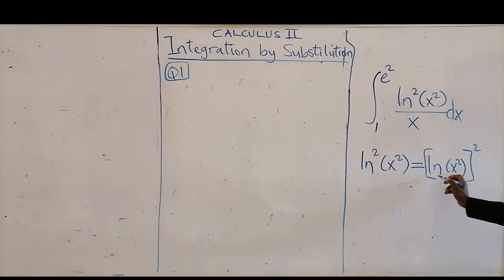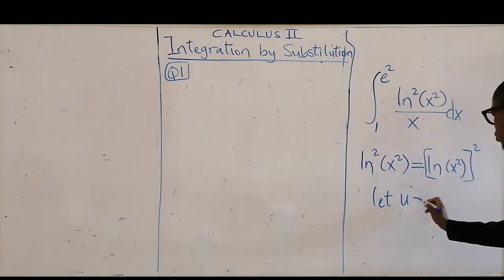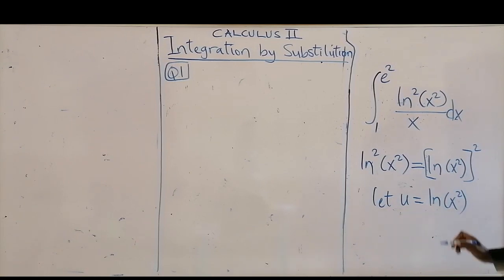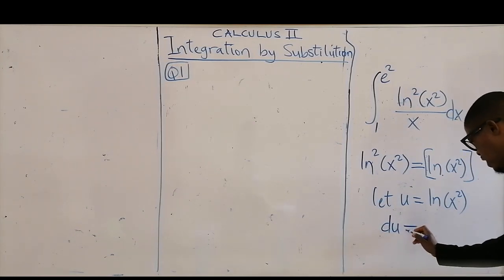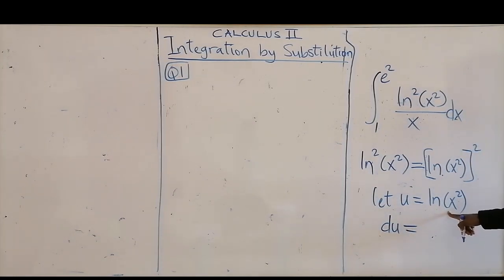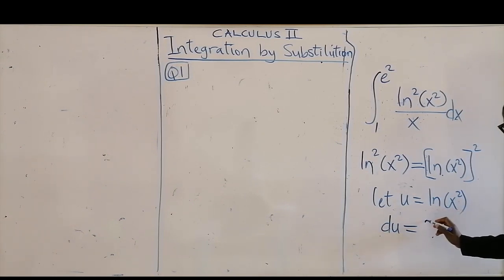Then after that, let u be equal to ln of this function. You substitute for the inner function. Then you can get your du over dx. If you differentiate this one, the ln function is going to be the derivative of the function, which is 2x, all over the function itself. And that will give us 2 over x dx. So that's what we have for u equal to this.